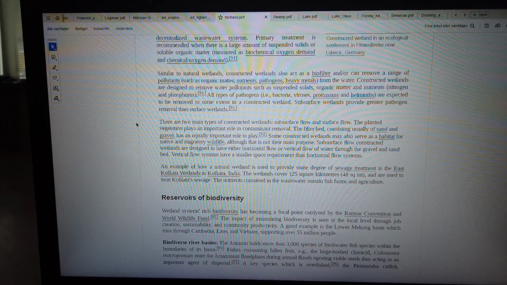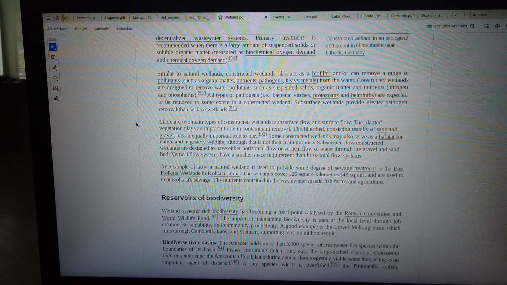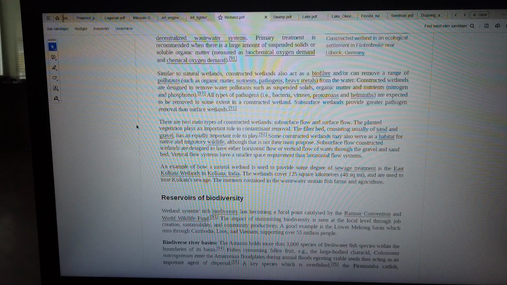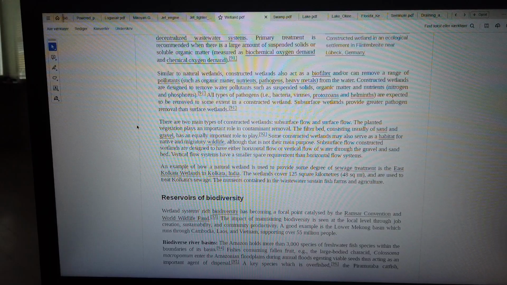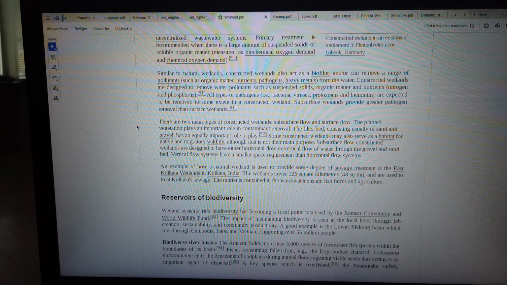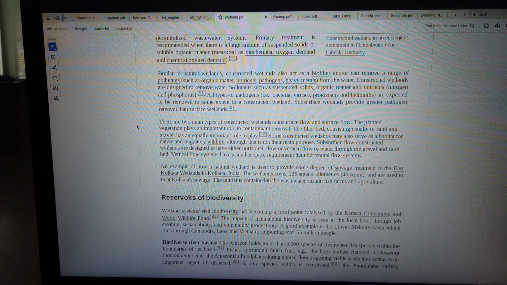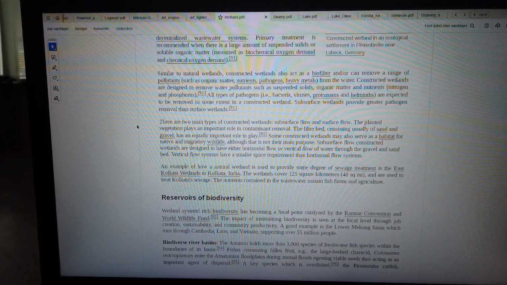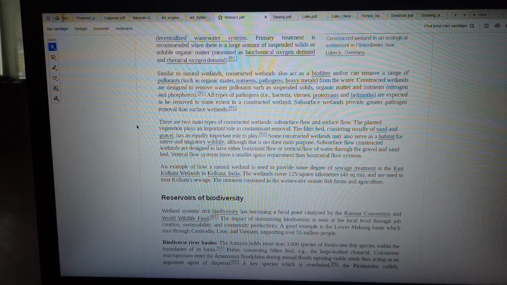Some constructed wetlands may also serve as a habitat for native and migratory wildlife, although that is not their main purpose. Subsurface flow constructed wetlands are designed to have either horizontal flow or vertical flow of water through the gravel and sand. Vertical flow systems have a smaller space requirement than horizontal flow systems.